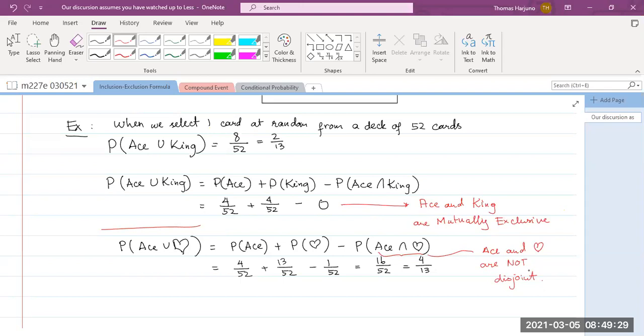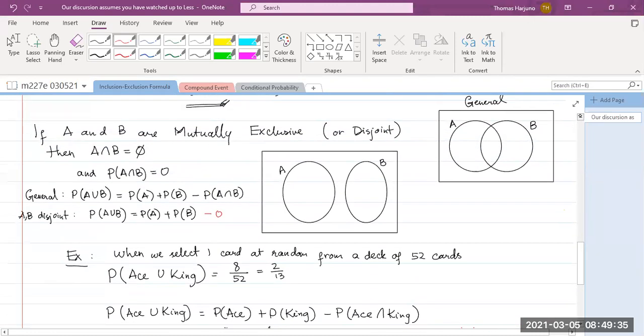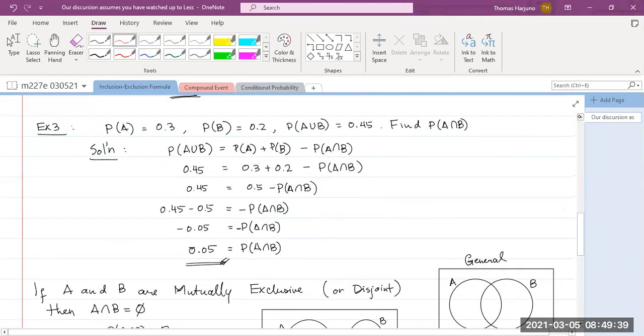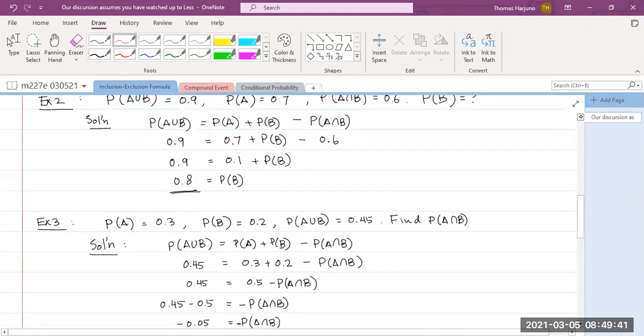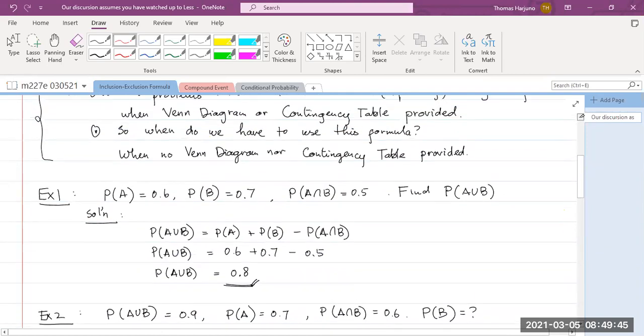Okay, now let's go back a little bit with the interpretation. Now, what does probability of A union B mean?